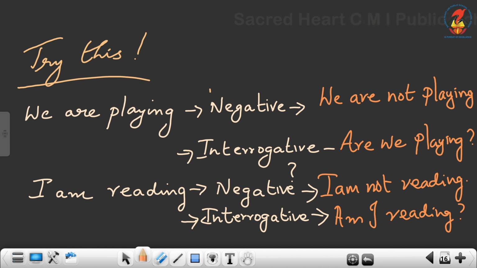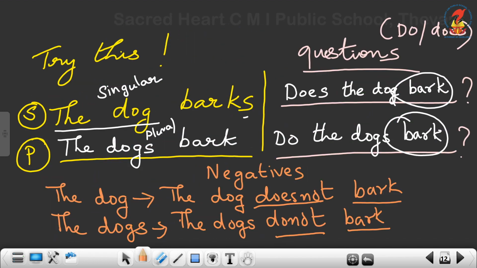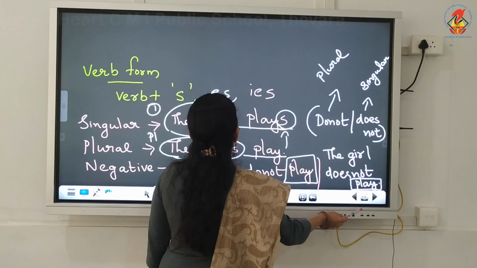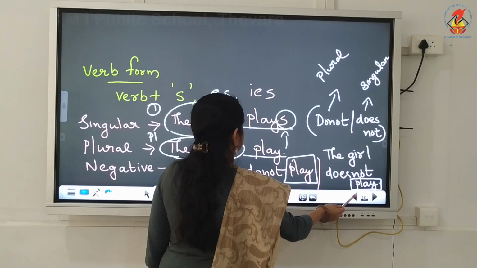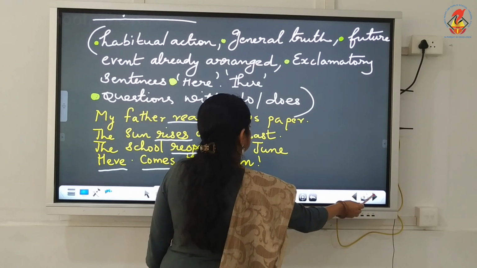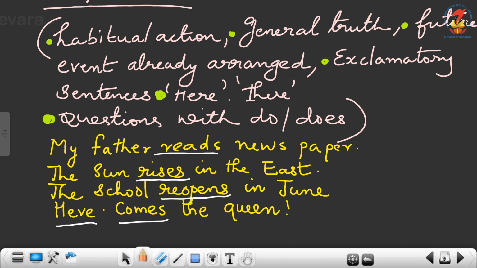Okay, now children, let us recall what we have studied. We studied about simple present tense and its verb forms, is it? What is simple present tense? It's a habitual action, universal truth.